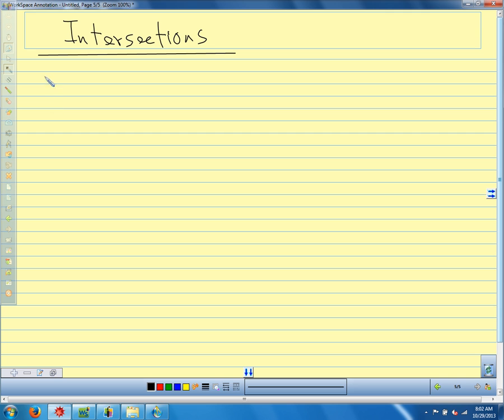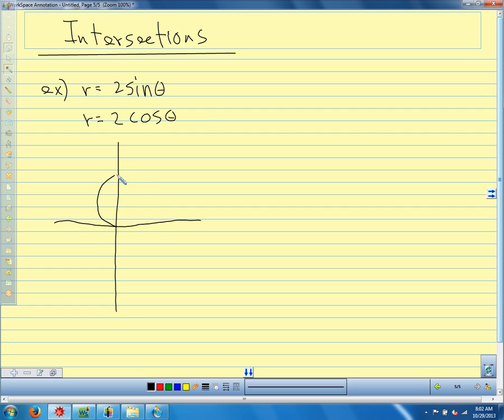So I want to give you an example of this. If we have r equals 2 sine theta and r equals 2 cosine theta, if I sketch a quick graph of this, I know my hand sketch graphs are not going to be perfect, but r equals 2 sine theta, I get a circle here, and r equals 2 cosine theta, I get a circle on the x-axis.